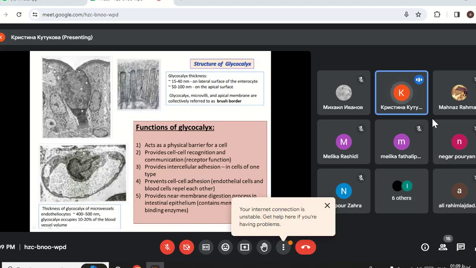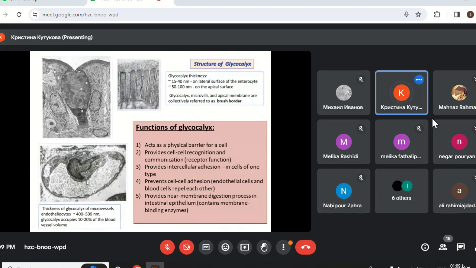In the case of endothelial cells of blood vessels, glycocalyx is negatively charged, as is the glycocalyx covering all the cells of blood. So both are negatively charged, so they cannot attach to each other, and it prevents adhesion of cells of blood to walls of blood capillaries.